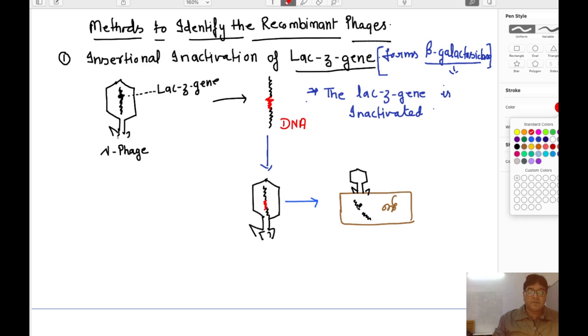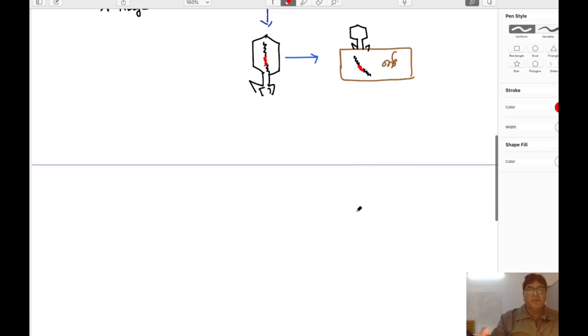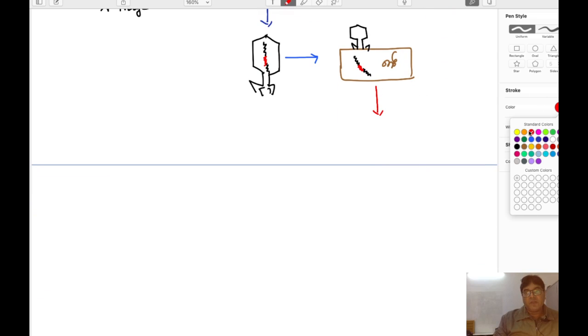During the replication, some of the phages will receive the recombinant DNA while others will not receive the recombinant DNA.